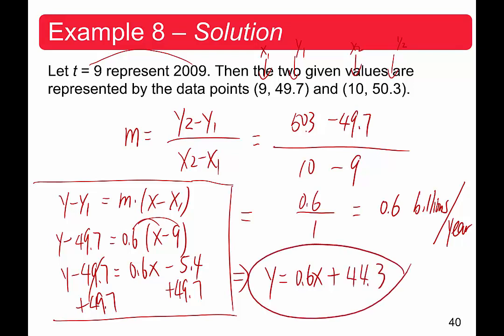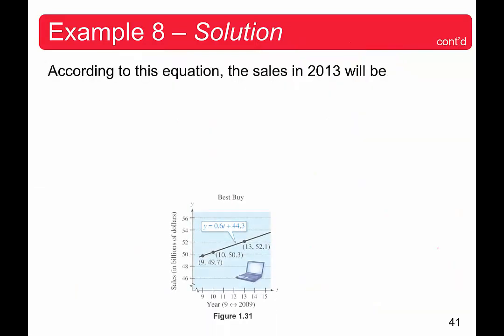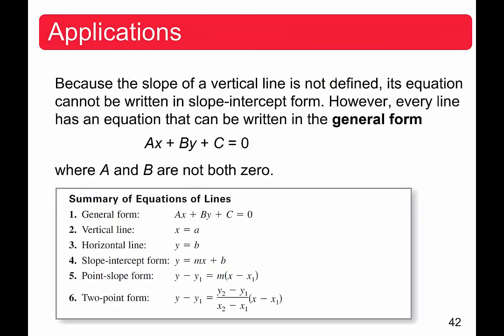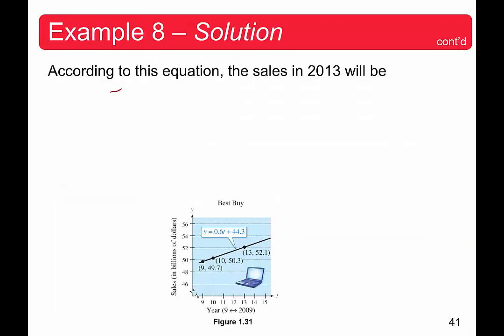Okay. Now we have the equation. x here represents the time in years, and y represents sales. Then according to the equation, the time t is given as 13. That means x equals 13.